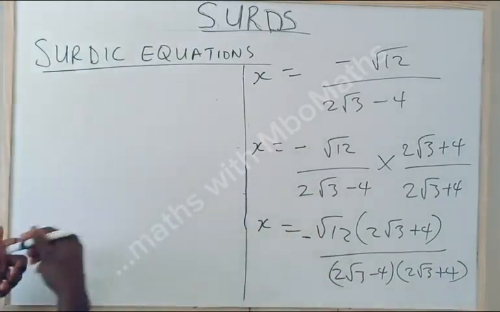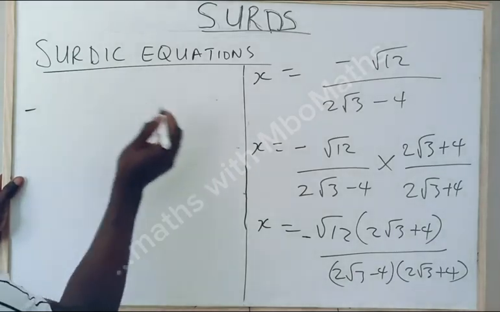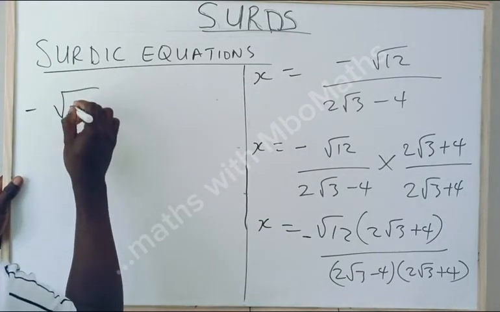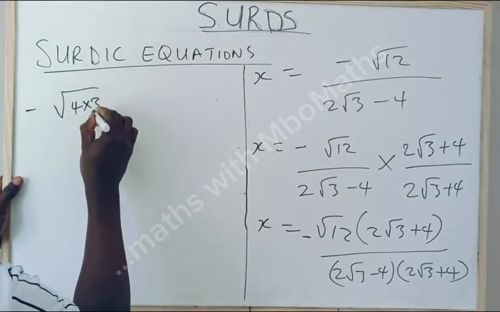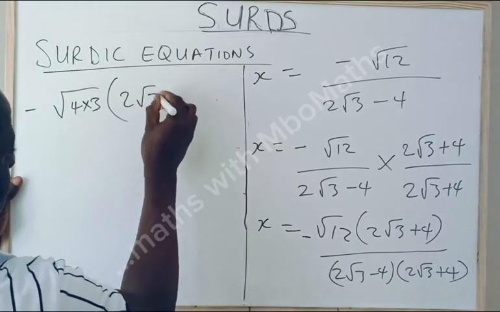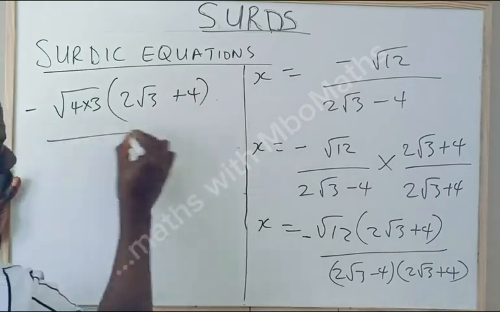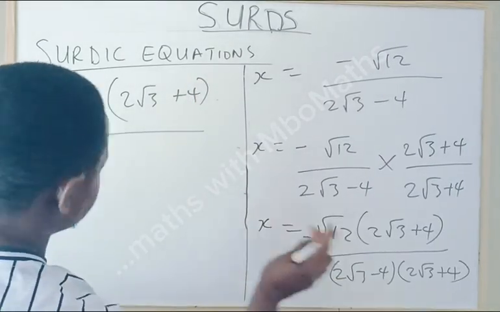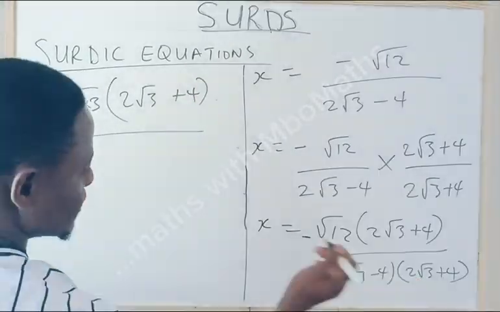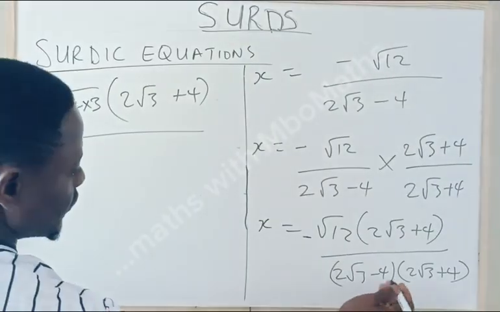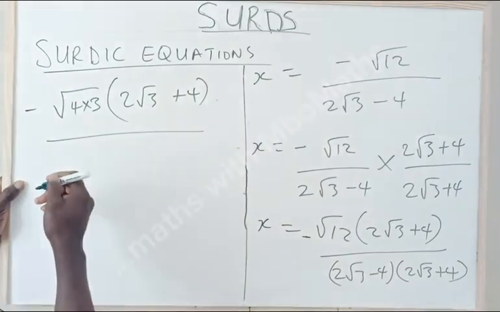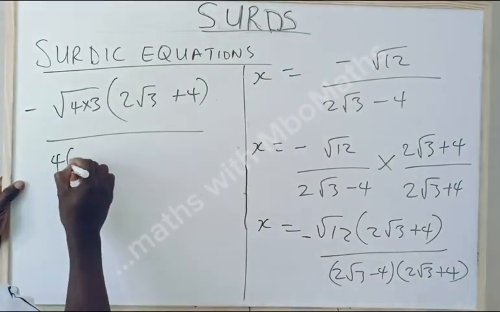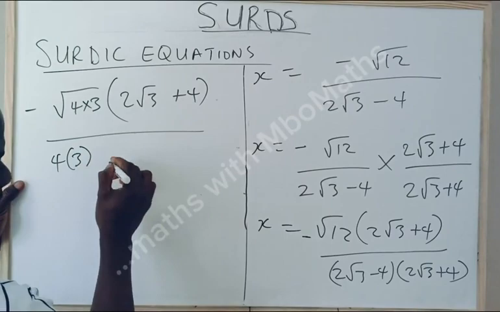Remember we can write minus root 12 as minus 4 times 3, into 2 root 3 plus 4. Then let's open the denominator: 2 root 3 times 2 root 3, root 3 cancels root 3, we have 2 times 2, 4 times 3 left, which is 4 into 3.